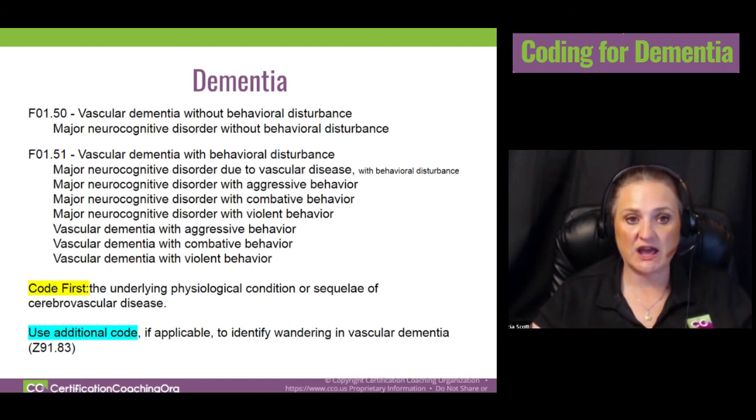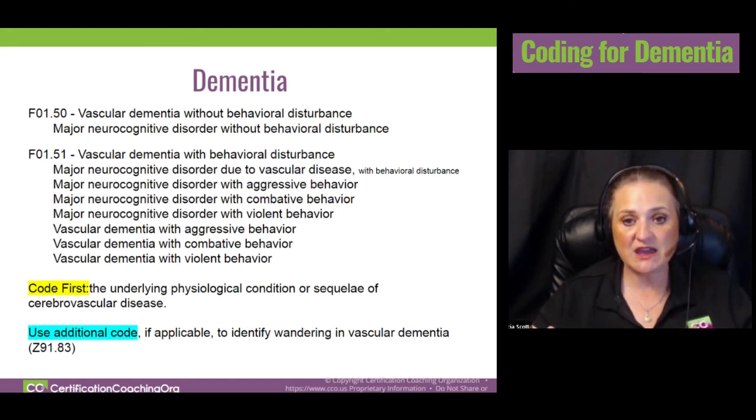So the code F01.50 is vascular dementia without behavioral disturbances, because it wasn't mentioned. But this is also considered major neurocognitive disorder. Okay, vascular dementia and major neurocognitive disorder is the same code.